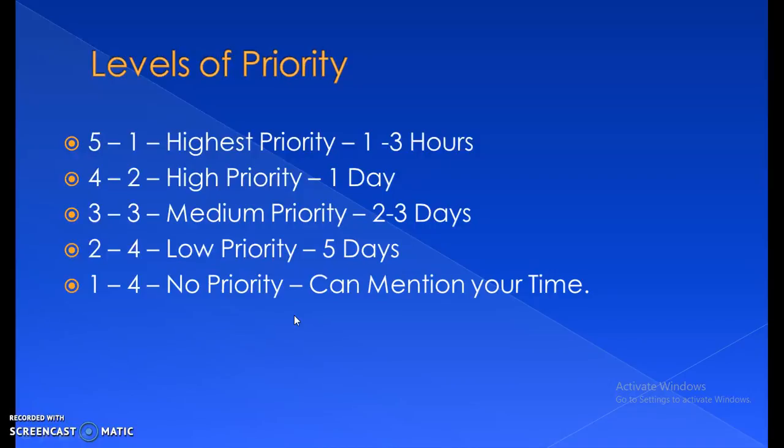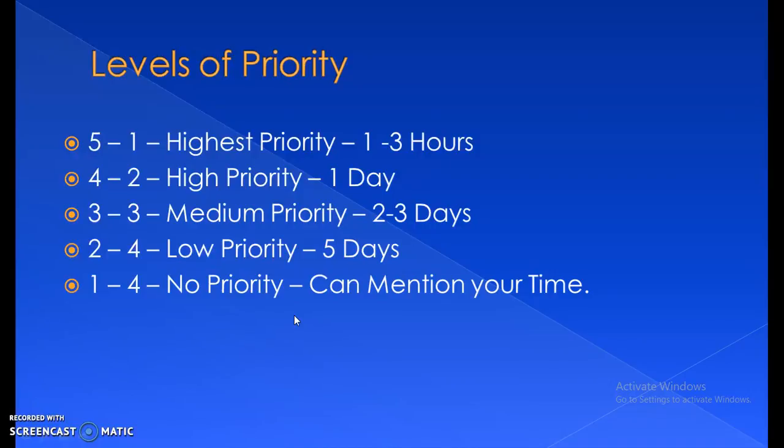No end user would ever raise a ticket of low priority or no priority. Then we need to understand when we are going to have these low priority or no priority ticketing issues. Let me start off with the high priority.